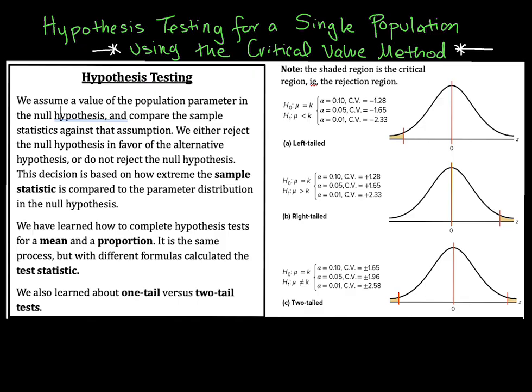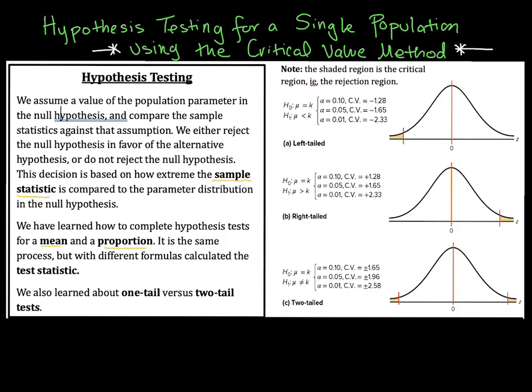So basically the idea of hypothesis testing is that you have a null hypothesis and then an alternative hypothesis. And based on the data that you collected, the data has what's called a sample statistic, which is either a mean or a population proportion.